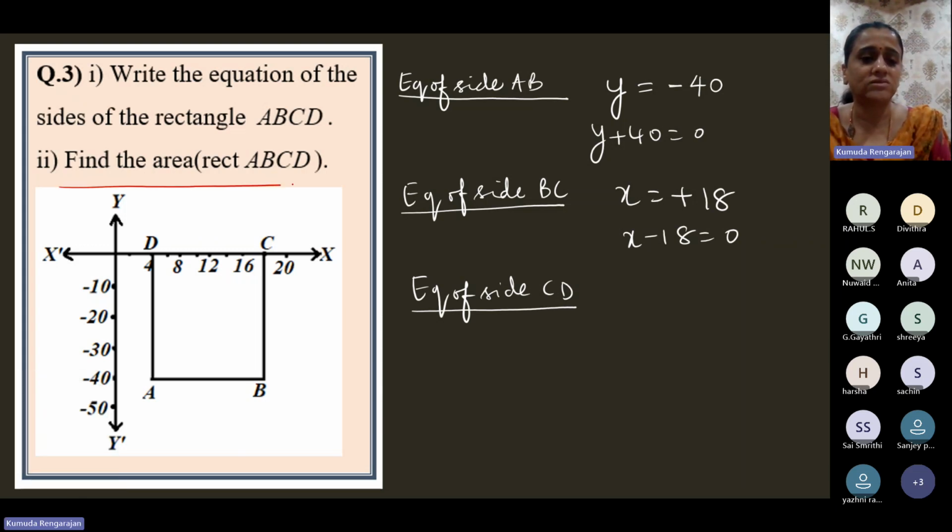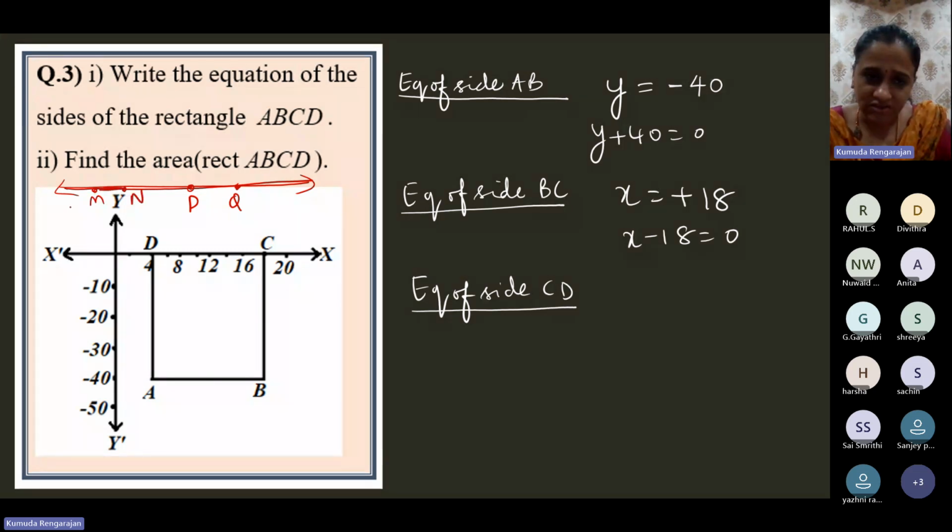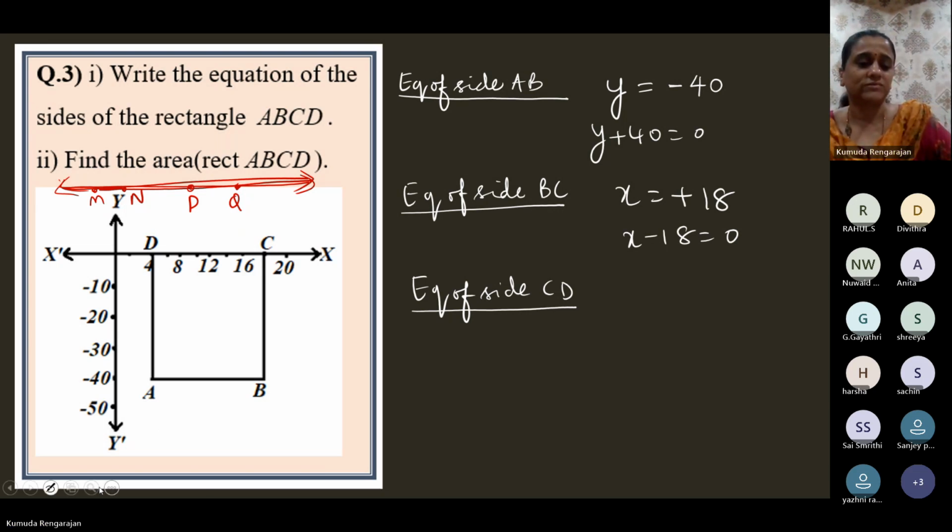See here, this line has an equation. If you take a segment PQ, the equation of PQ is the same as the equation of this line. If you take another segment, say MN, the equation of MN is the same as the equation of this line. So the equation of a line and any segment of that line will be the same.